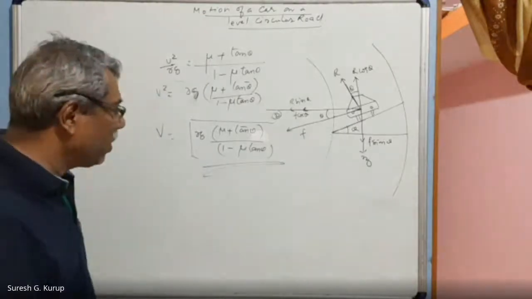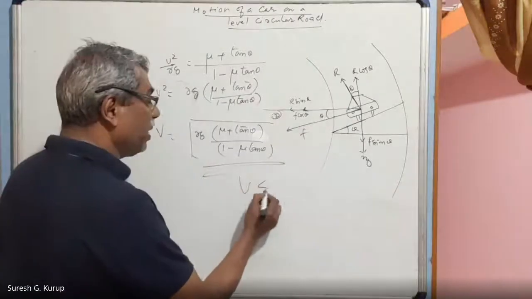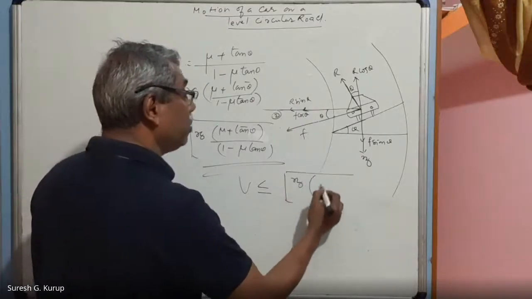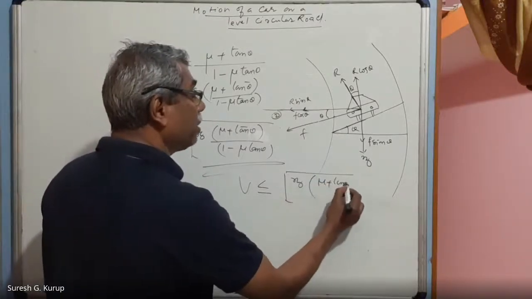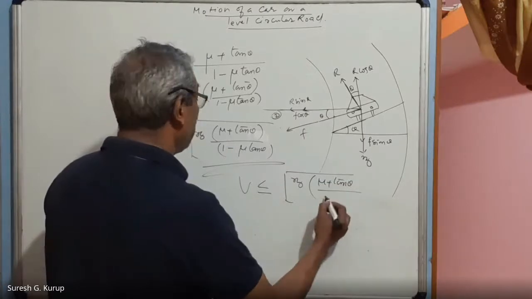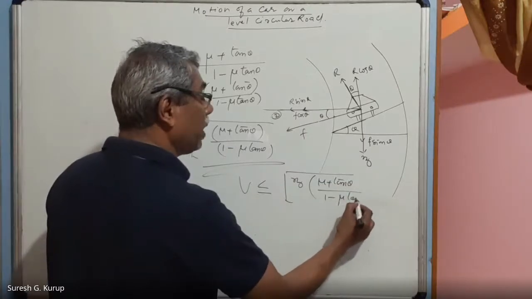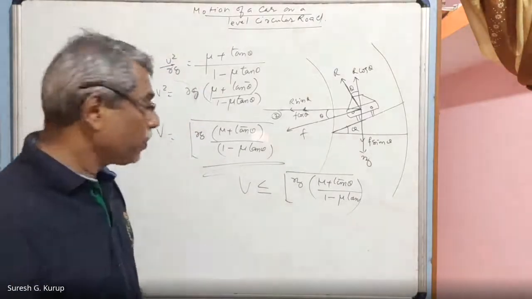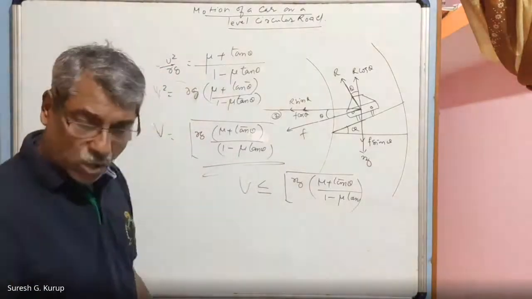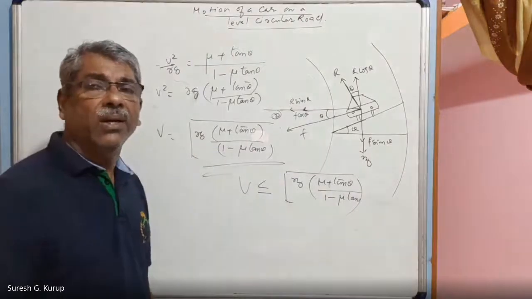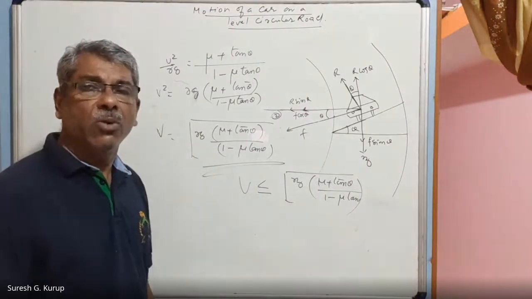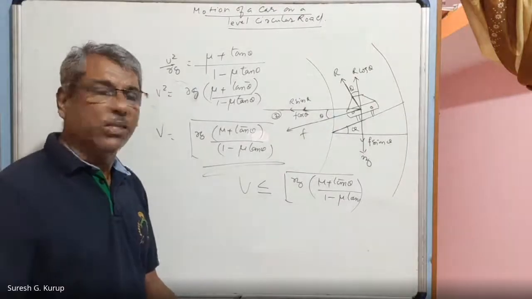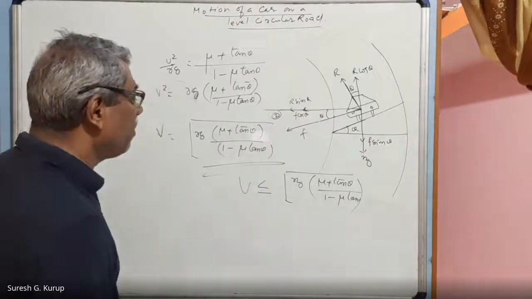So the safest velocity: v must be less than or equal to square root of Rg into mu plus tan theta divided by 1 minus mu tan theta. So this is the safest velocity. If mu is equal to 0 in this expression, that means the road is so smooth and the friction is considerably less, then what will be the value?